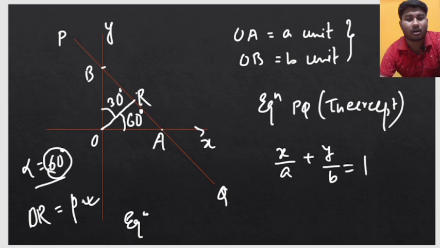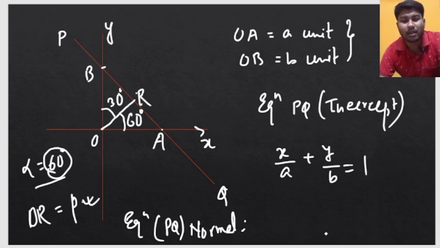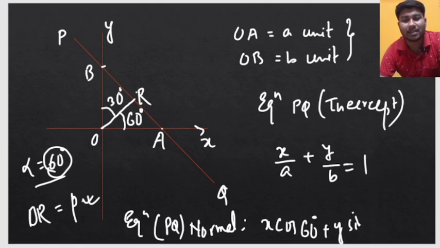then we can also write down the equation of line PQ in normal form. So what will be the equation of the line? That will be x cos 60 plus y sin 60 equals 1.